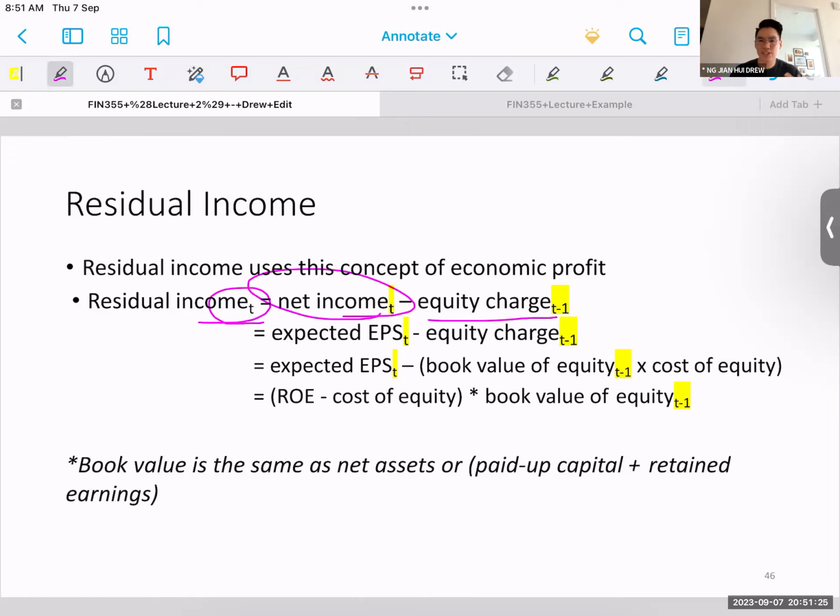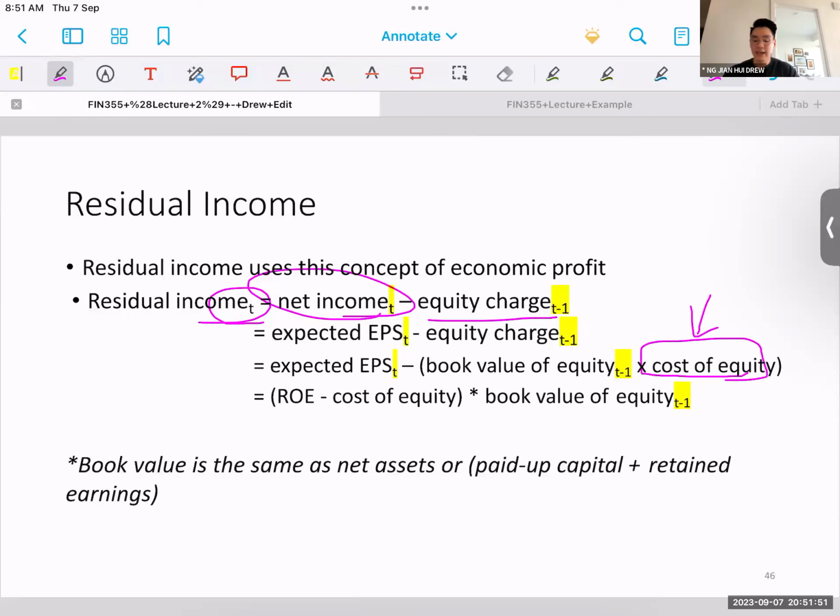So what's this equity charge? Why is it not minus expenses, which is like your accounting profit? It's because we are looking at implicit and explicit costs. And especially the implicit component of the cost is being captured in your cost of equity. So basically, it's being captured here, cost of equity.